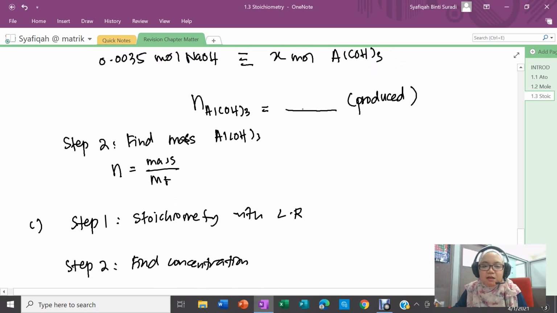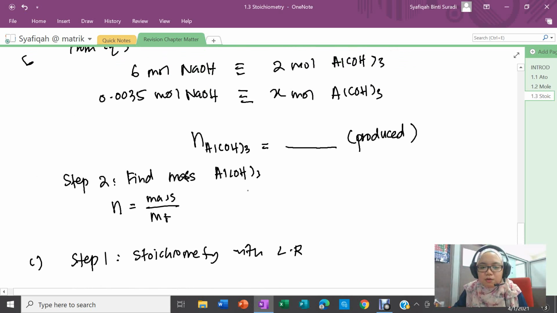Okay, tadi Miss nak bagi you guys final answer. Untuk mass tadi ni, untuk B, final answer dia adalah 0.091 gram. Okay, ni final answer untuk mass of aluminium hydroxide.